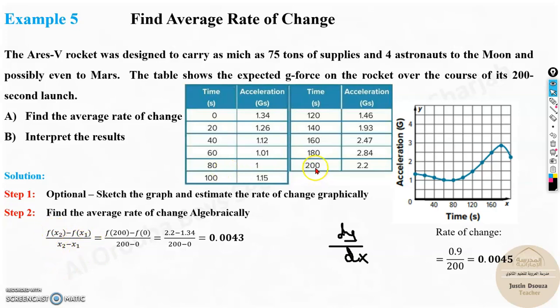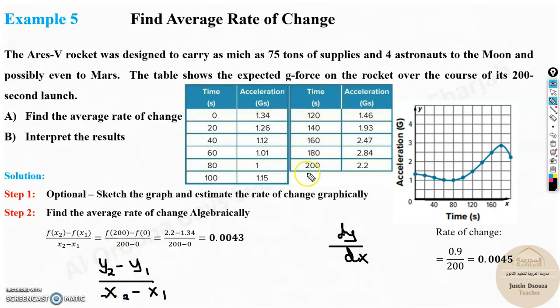So remember, f of x2 minus f of x1, last and initial. That is f of 200 minus f of 0 divided by 200 minus 0. You might remember this as y2 minus y1 divided by x2 minus x1.